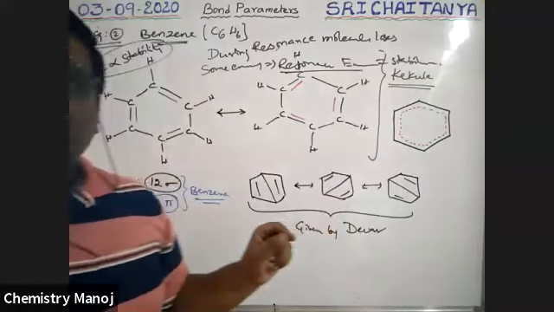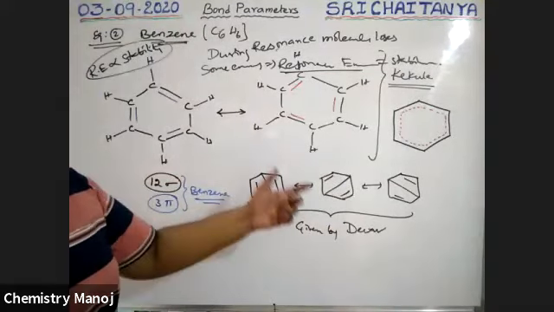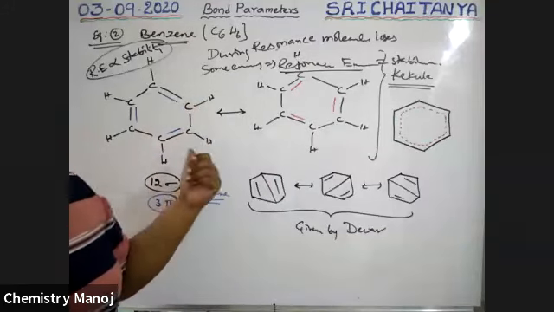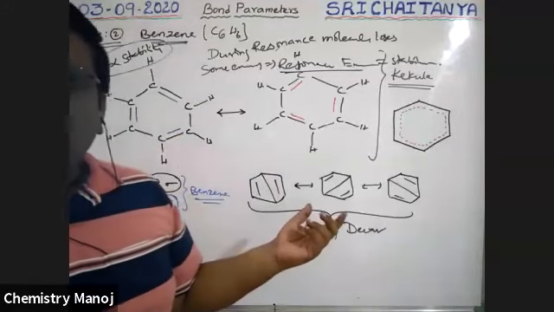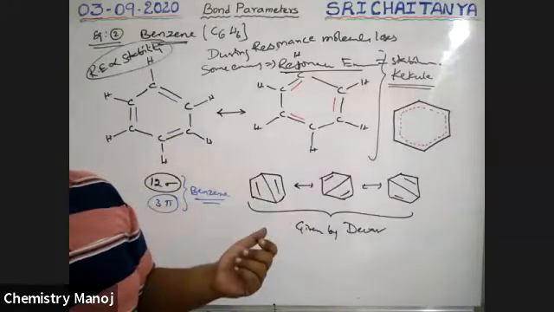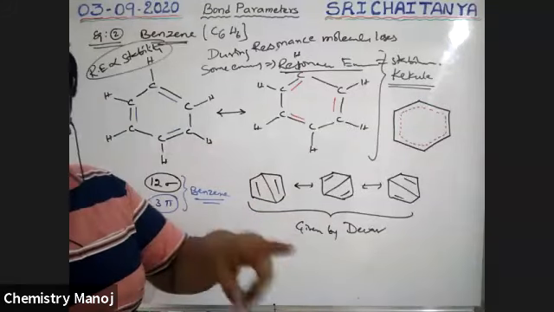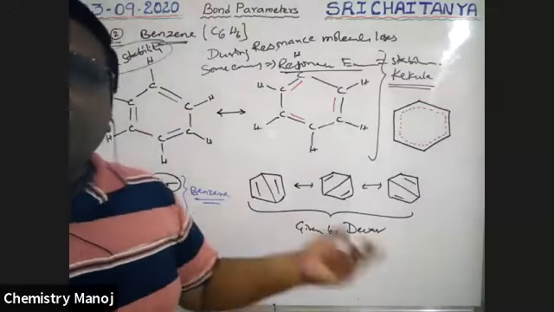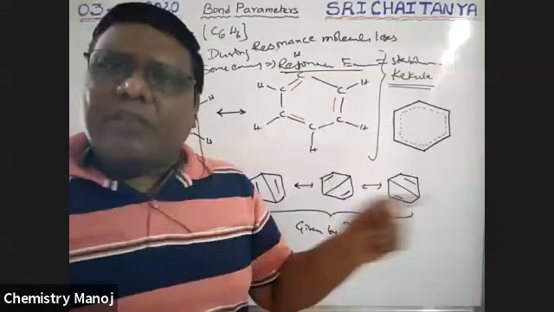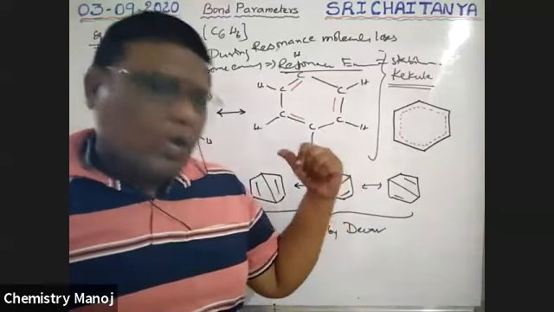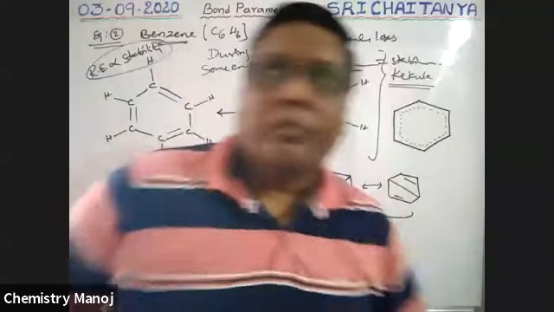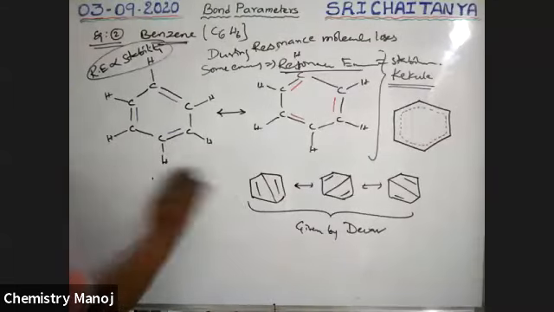Now, what is the bond order between carbon and carbon? Is this a single bond or a double bond? Now, how to calculate bond order in case of cyclic compounds? Already in non-cyclic compounds the previous example is there.